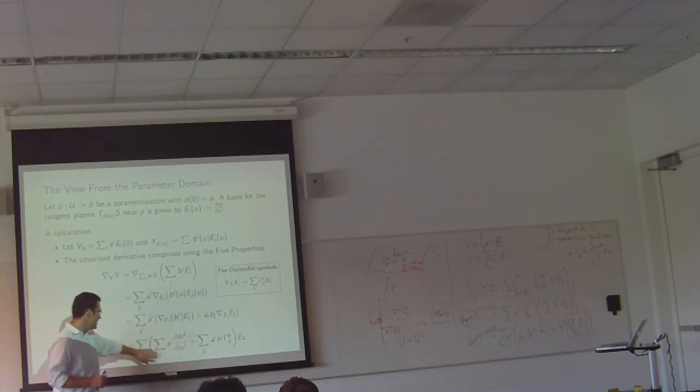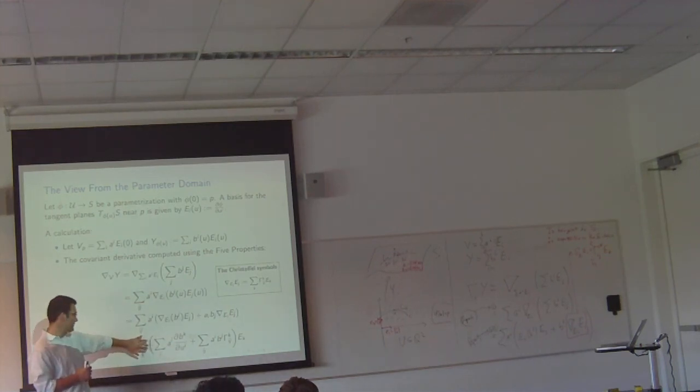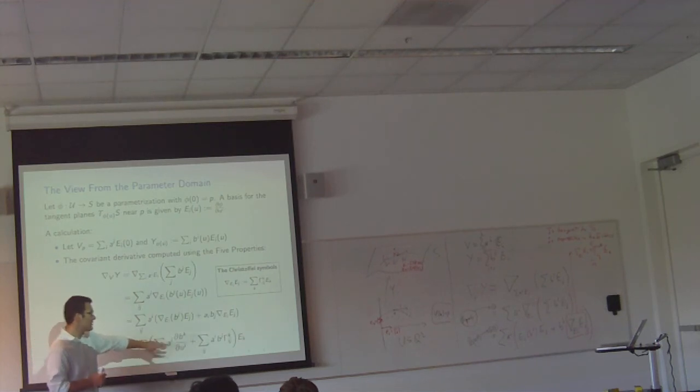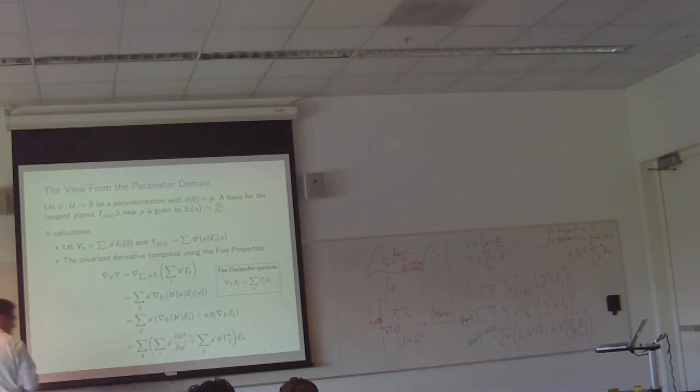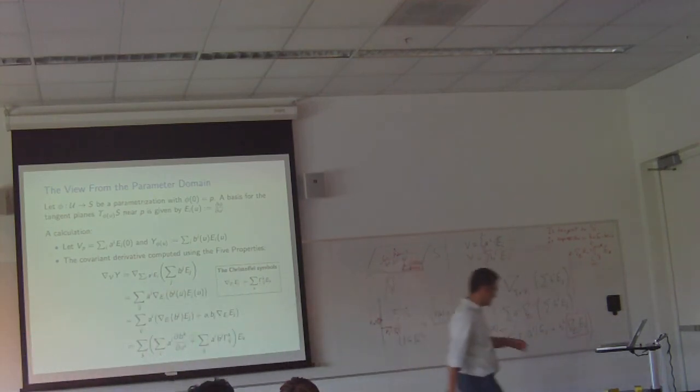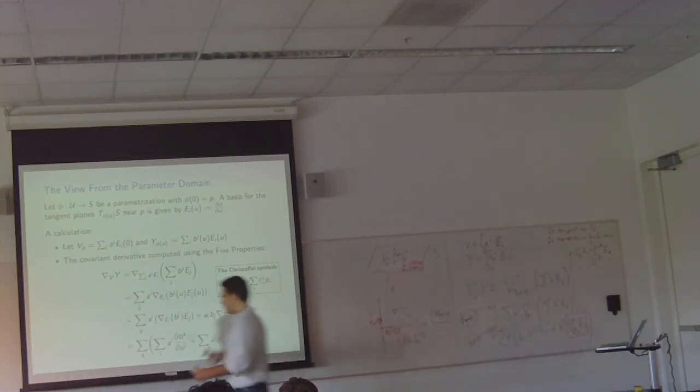I'll explain this in a second. But my formula is essentially here. It's not quite the formula. Let me just write over on this side, just so it's closer to this, so I don't have to do as much explaining.